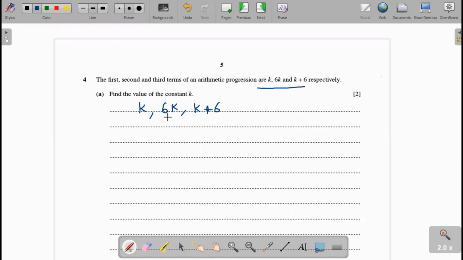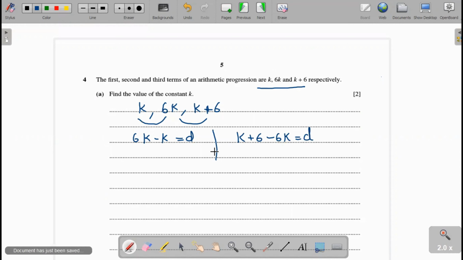The difference between two values will be the same in an arithmetic progression. The common difference remains the same, so 6k minus k is the common difference, and k plus 6 minus 6k is the same common difference.